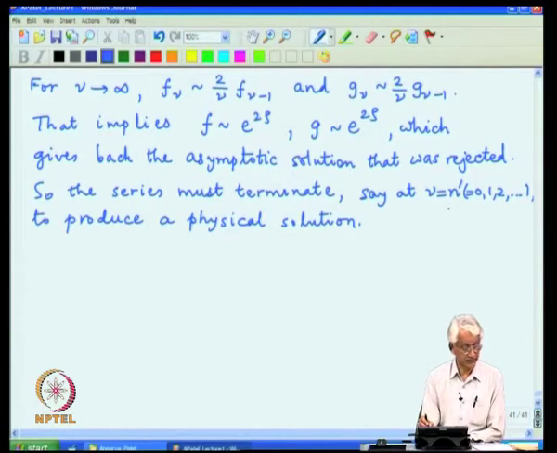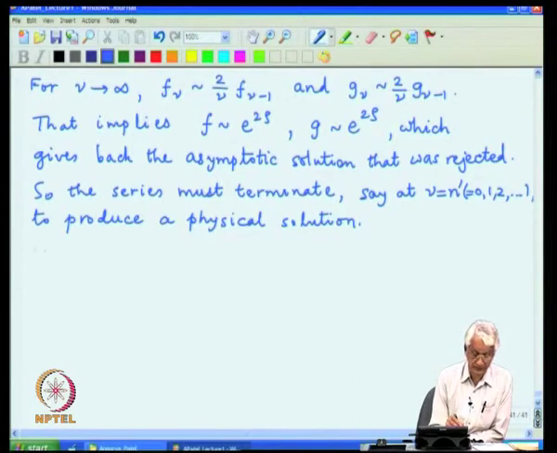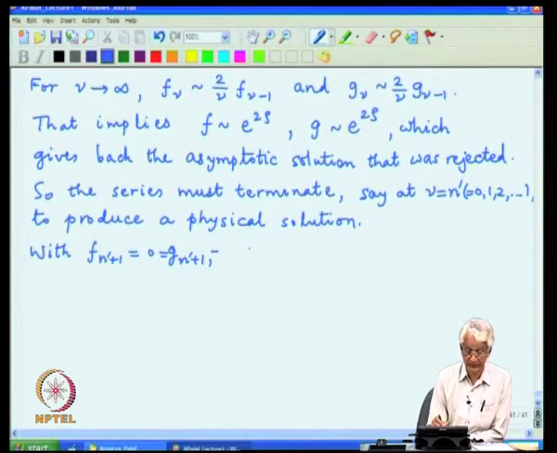And now, with this criterion in hand, we will go back to the equation and impose the condition explicitly. So, the condition is that with a finite series, we will put this coefficient from f of n plus 1 and g of n prime plus 1 equal to 0.